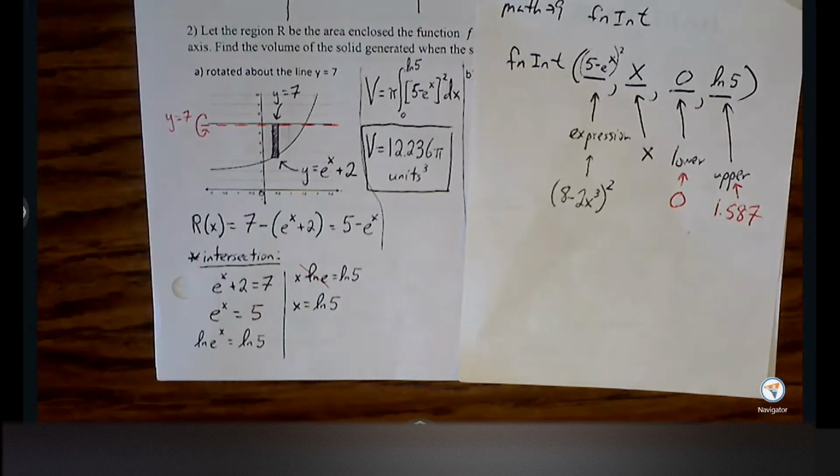So I'm going to take the natural log of both sides, bring the x down, drop the natural log, and I have x equals natural log of 5. So that's my upper bound, or the bound on the right. Now, if you want to use a decimal value of 1.609, that's fine as well. But I think natural log of 5 is easy enough to plug in.